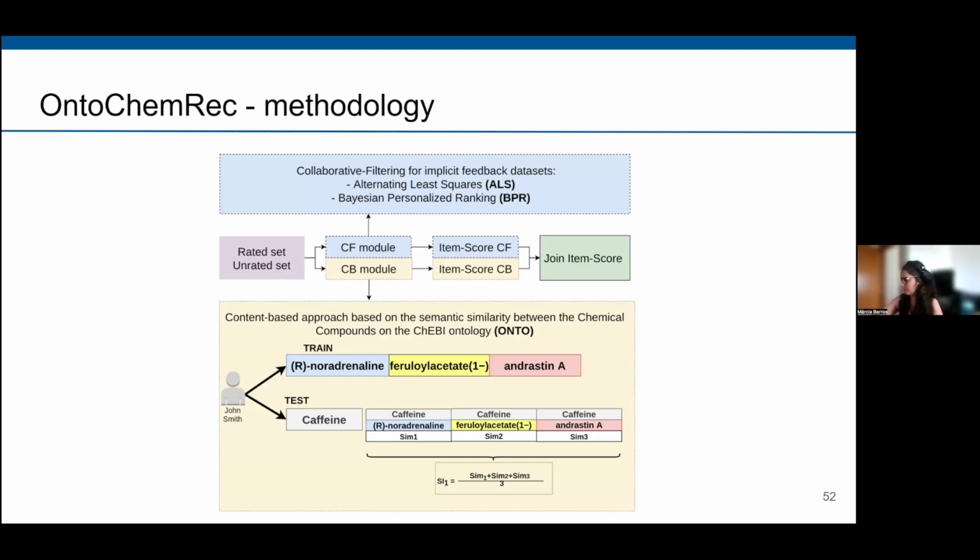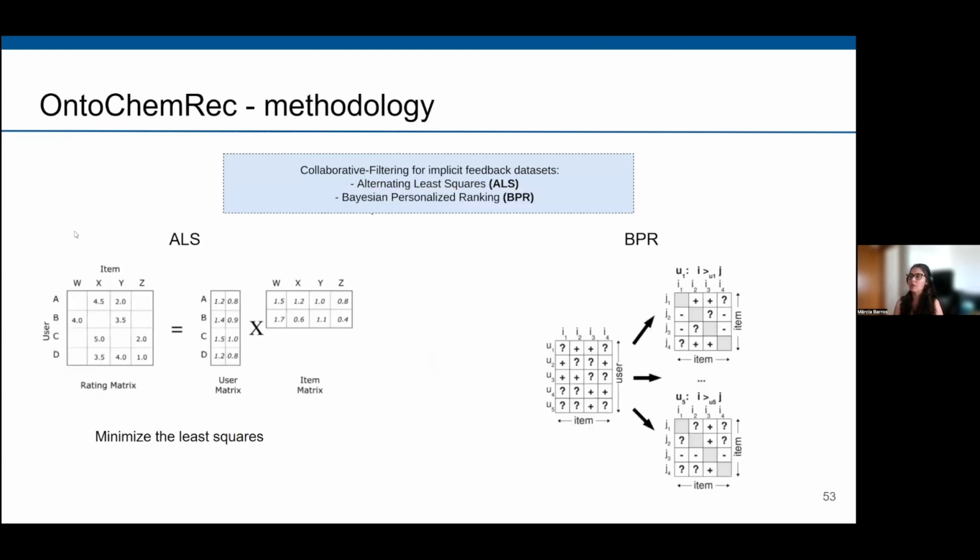So this is the general methodology. The collaborative filtering part, the content-based and the hybrid. Okay, so for the collaborative filtering approaches, we selected the alternating least squares and the Bayesian personalized ranking approach because these approaches were developed specifically for implicit feedback data sets, and the data sets that we are using in this study are with implicit feedback.